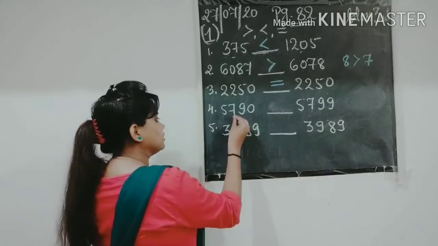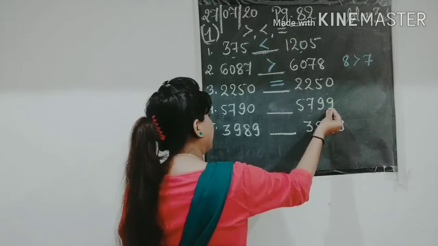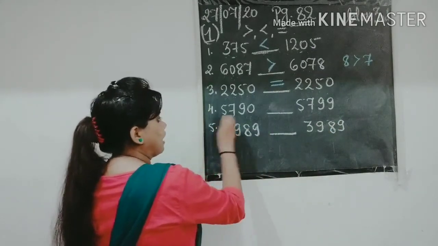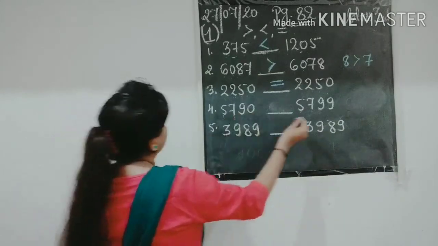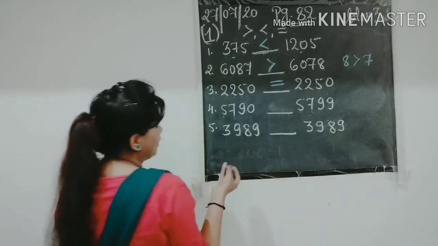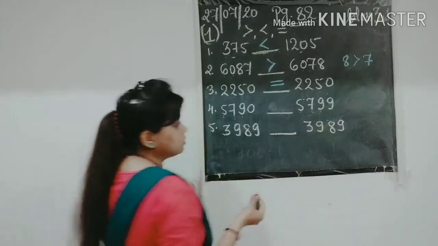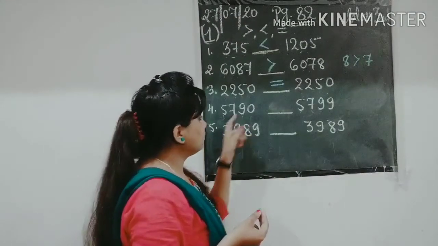Fourth one, 5790 and 5799. Compare both the numbers. Compare the thousands: 5 equal to 5. Compare the hundreds: 7 equal to 7. Compare the tens: 9 equal to 9. So we have compared the thousands, hundreds and tens places.